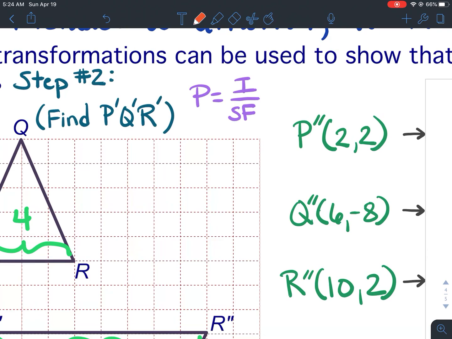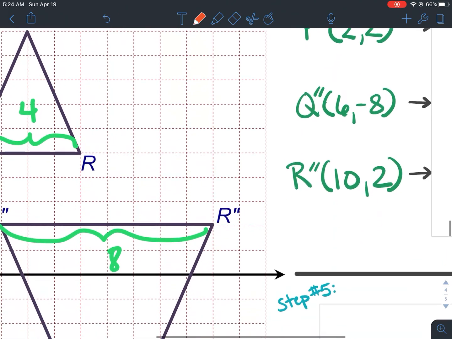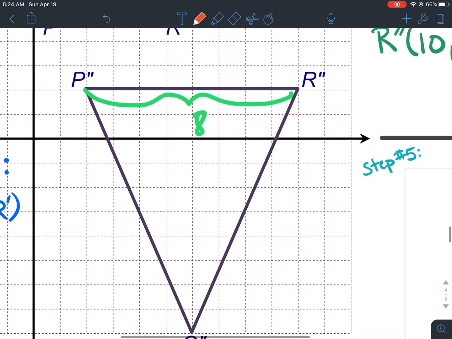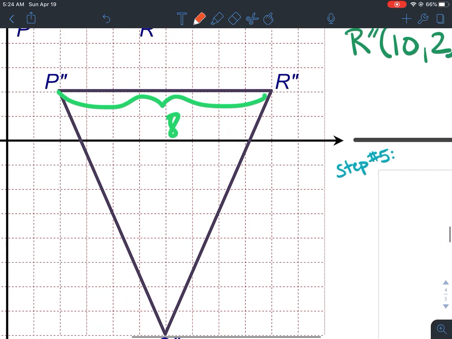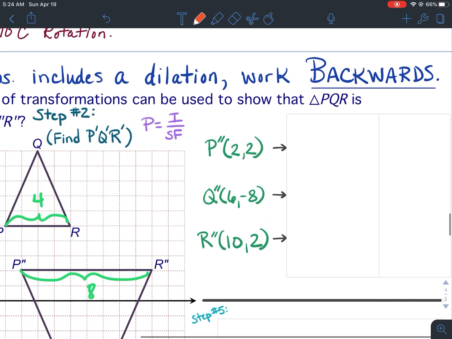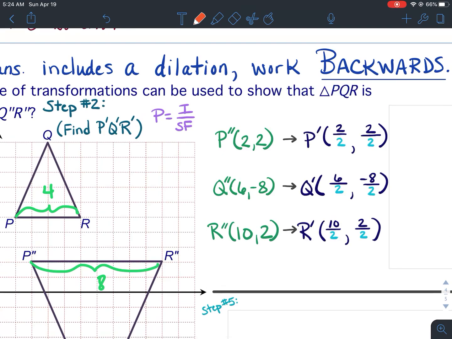Okay, so to find our pre-image, we're working backwards. We're using the double prime coordinates. So I used the double prime triangle right here. I'm going to take those ordered pairs, and I'm going to divide them by the scale factor, which would look like this. The dark blue is the ordered pair of P double prime, Q double prime, R double prime, and the light blue is the scale factor.